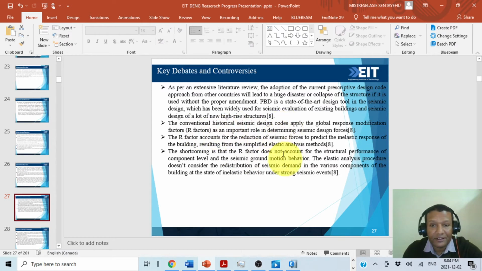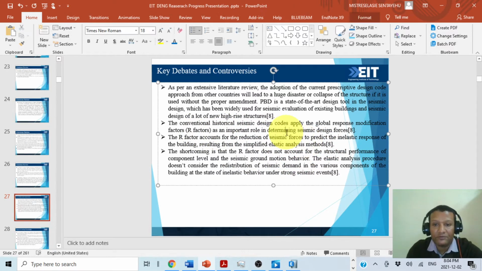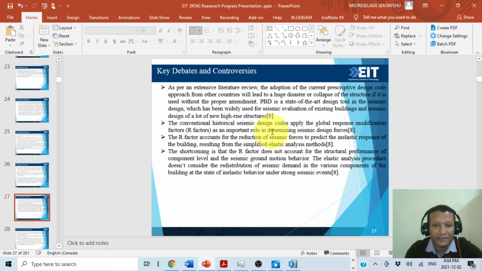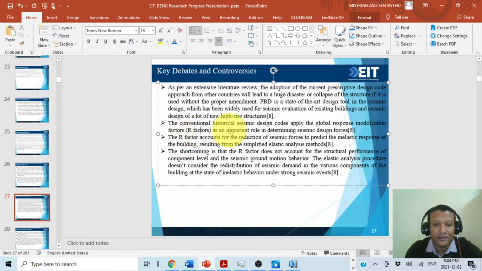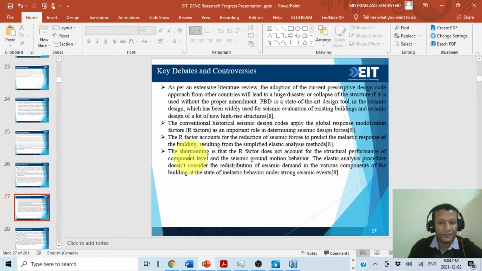We just divide by R, and then we consider non-elastic behavior as an important role in determining seismic design forces. Always we use this R factor. It depends on the structure, the code, and everything, but we will see it in the response spectrum time.